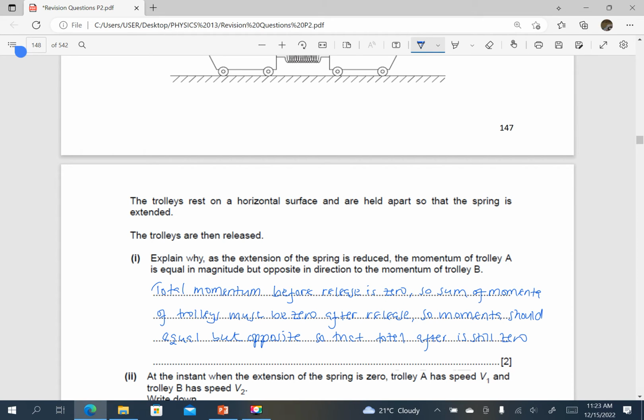Because before release the total momentum was zero, after release we also aim at having total momentum to be zero. So they must be moving in opposite directions.